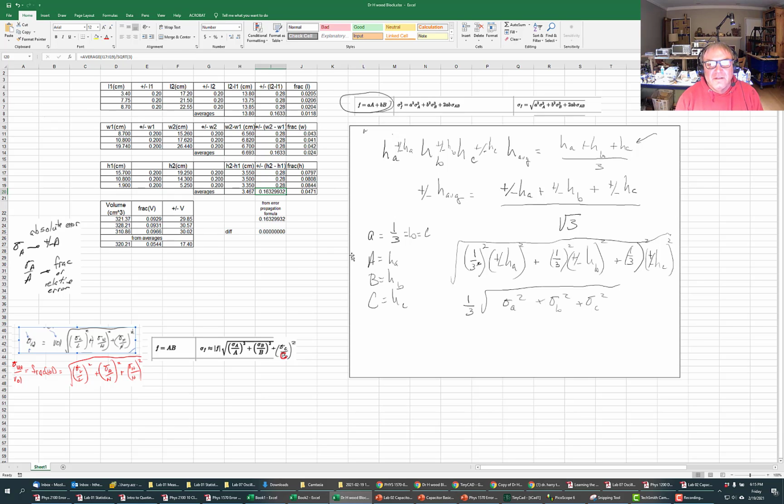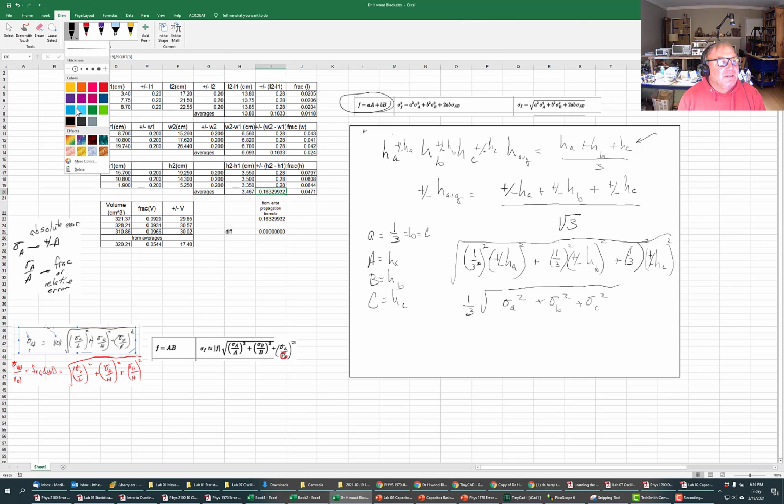So this is actually here, and then that's divided by 3, because if I want to take the average of these 3 numbers, then I have to divide by 3.